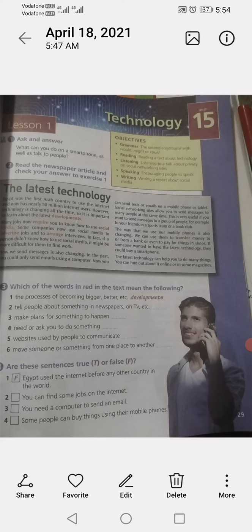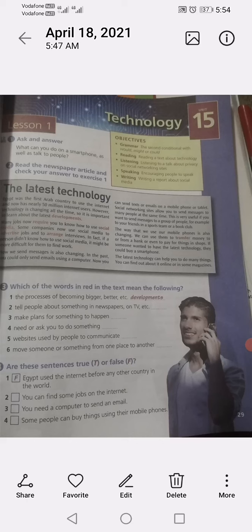Have you finished? And now let's listen to the definitions of the new words. Number 1, development, the process of becoming bigger, better, and so on.